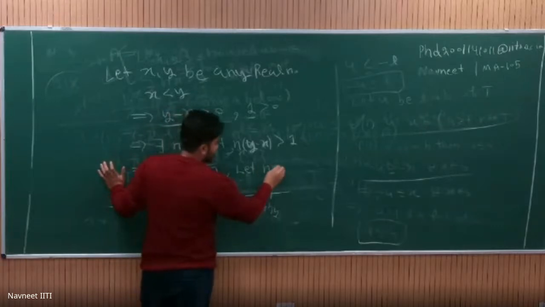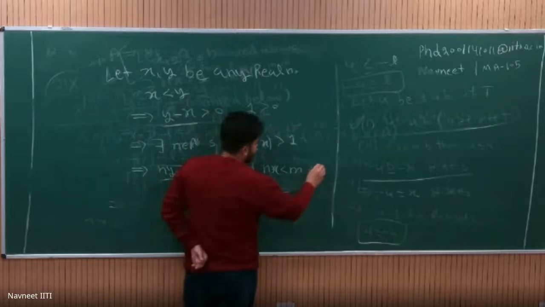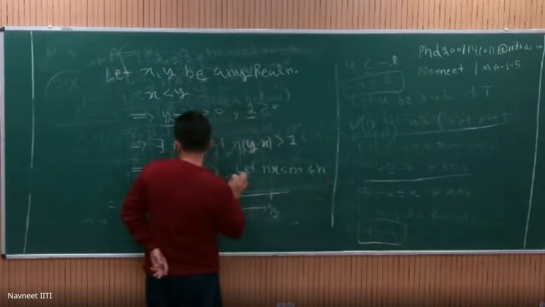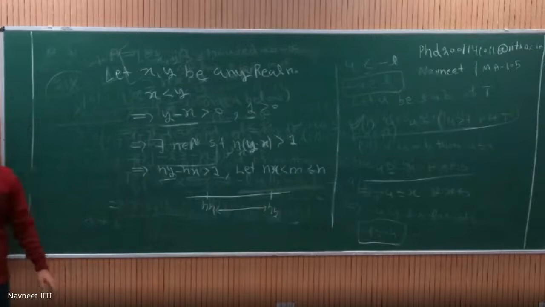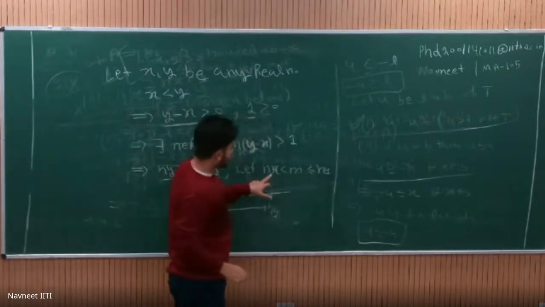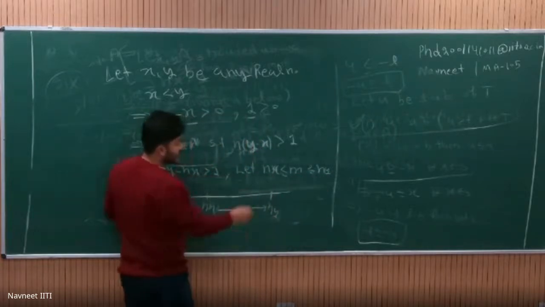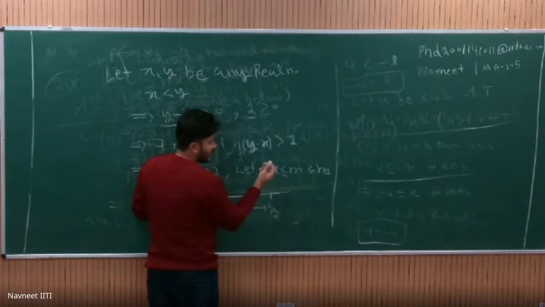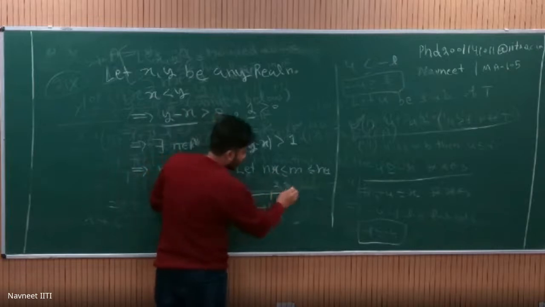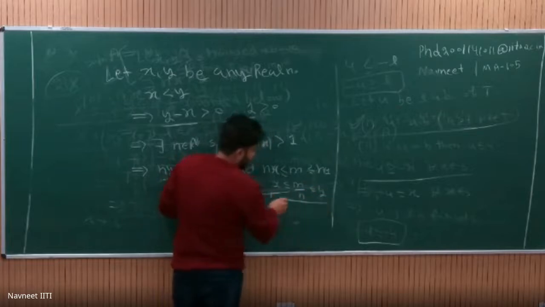nx is less than m and less than ny. Okay, so nx is less than or equal to m and less than ny. That means, dividing both sides by n, because n is a natural number, positive, the inequality doesn't change: x is less than m by n and less than y.